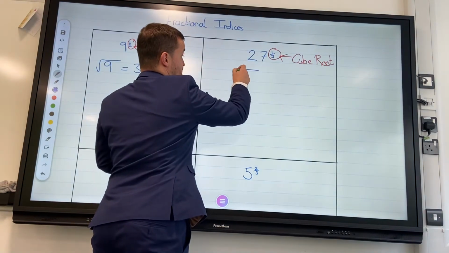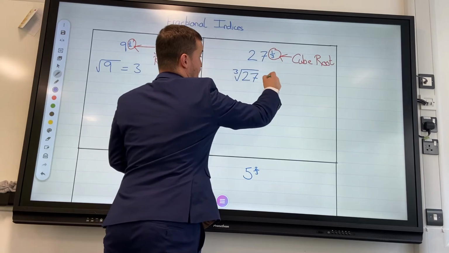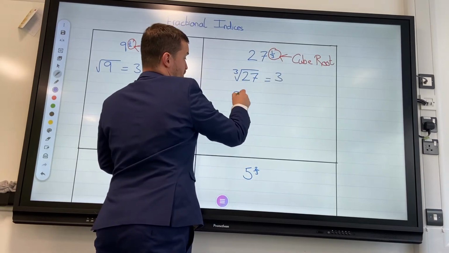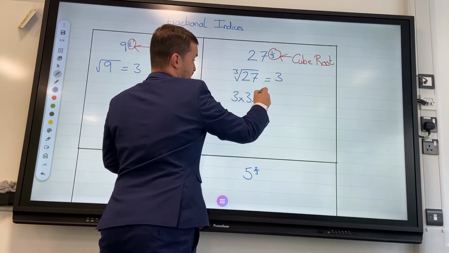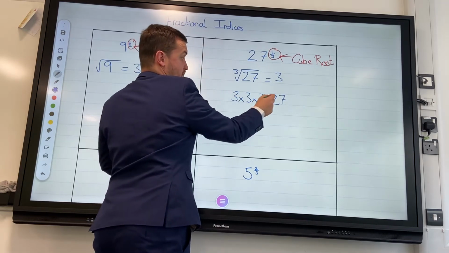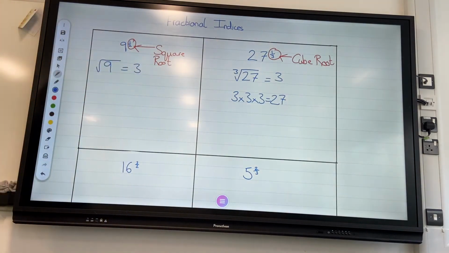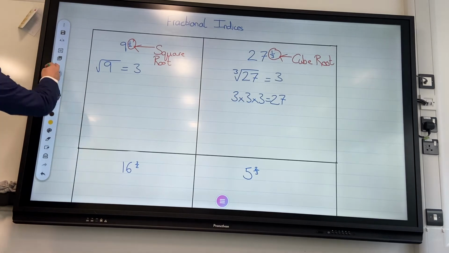You can rewrite it like that: the cube root of 27, and the answer is 3, because 3 times 3 is 9, times 3 is 27. So if you have a power with a fraction and it's 3 on the bottom, you are cube rooting.